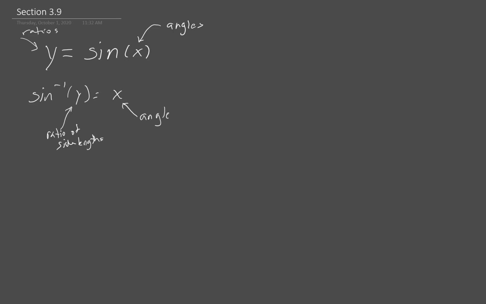So we always need to keep in our head what the variable is representing. Is it representing an angle? Is it representing a ratio? That'll help us keep track of a lot of things with these inverse functions for sines and cosines and tangents and stuff.